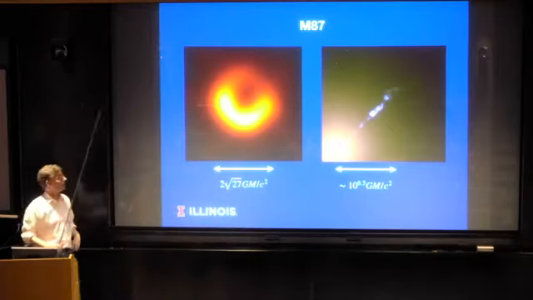As some of you know, EHT was recently able to resolve the inner accretion flow here, and that produced this orange bagel image, which shows the accretion flow on scales of around 10 GM/c².